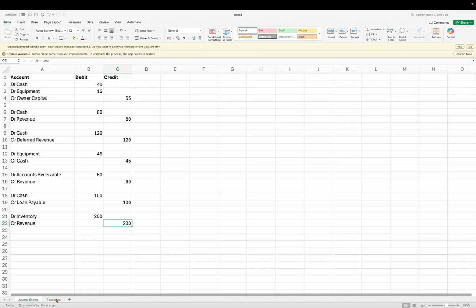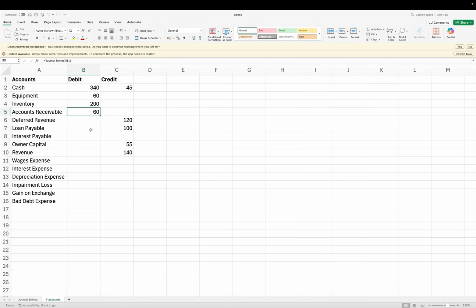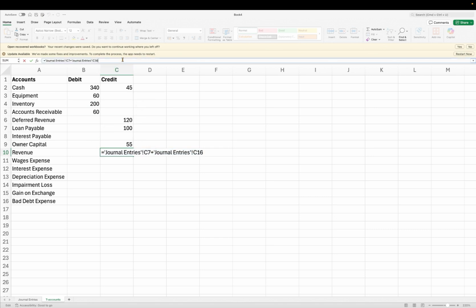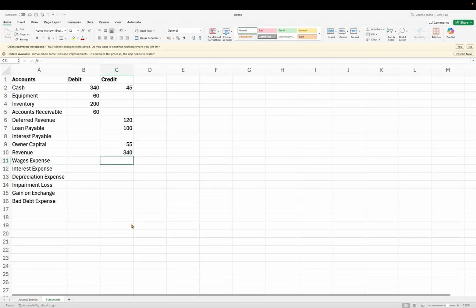Revenue already had a credit balance from earlier transactions, right? So for that reason, we're adding them together again. Let me add. Great. So the revenue account is now a total of 340.